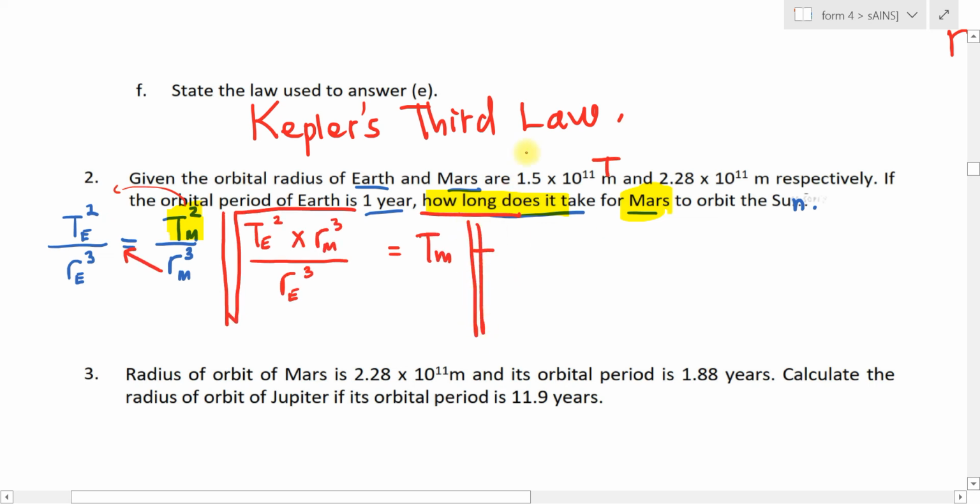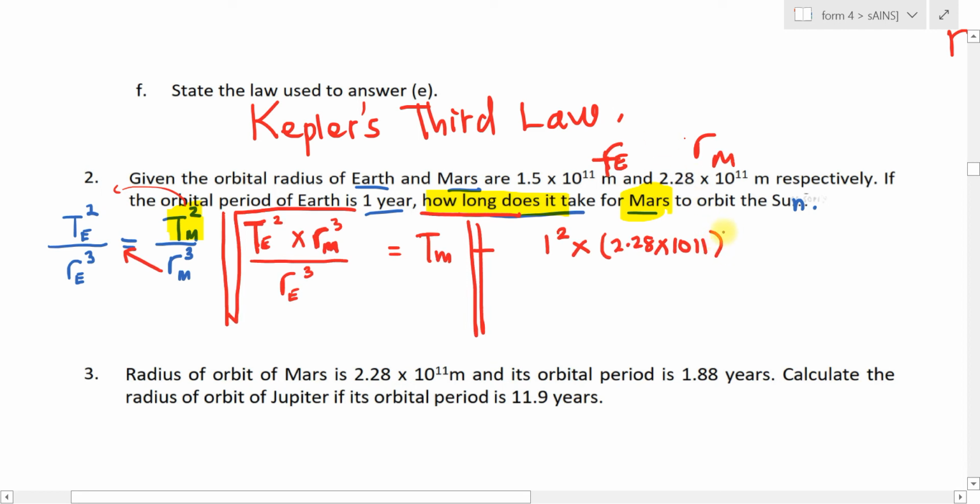Okay. Sekarang kita ganti. Macam mana kita baca? Kita tengok. Period square of the earth. Earth ialah 1 year kan? So, 1 square. Darab radius of the Mars. Orbital radius of the Mars is 2.28 times 10 to the power of 11.